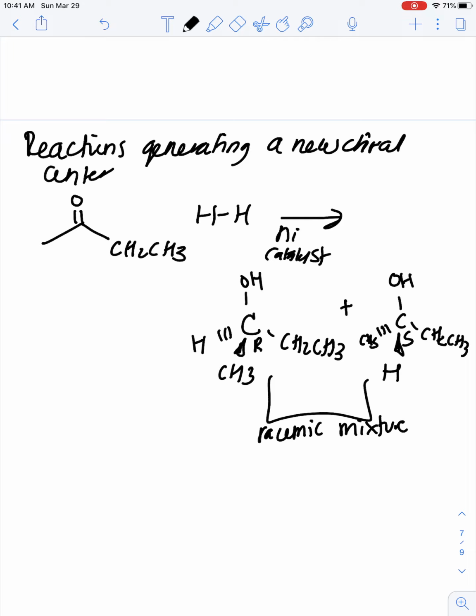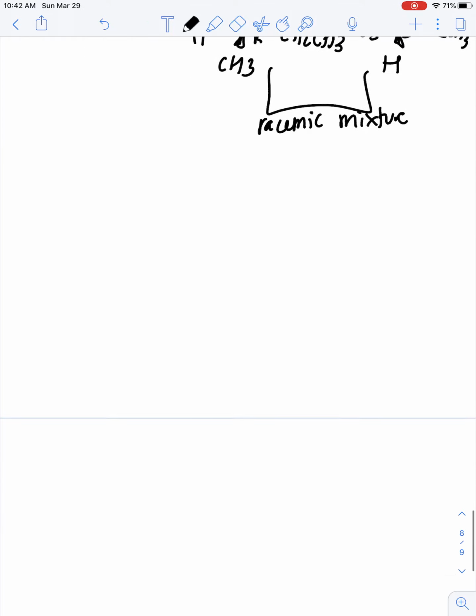So it is important to mention that a chiral component must be present for the reaction to be stereoselective. So one enantiomer in excess. So if a reaction begins without chirality, it also must end without chirality. So in this case here, we have the production of a racemic mixture.